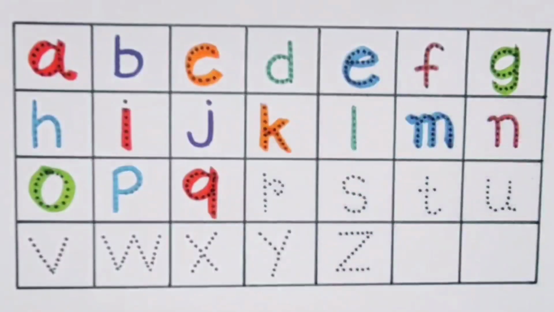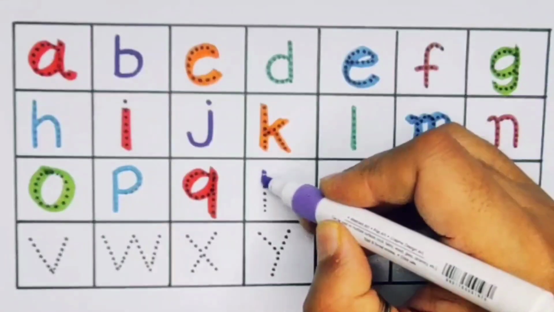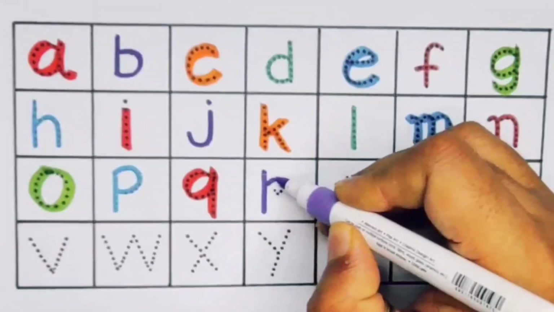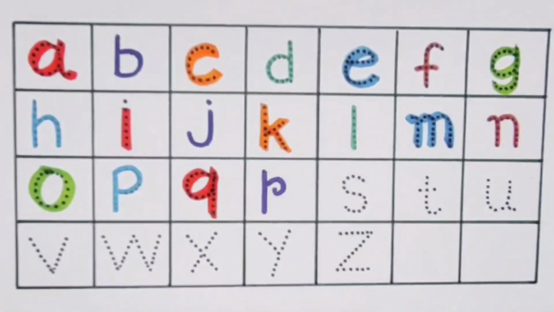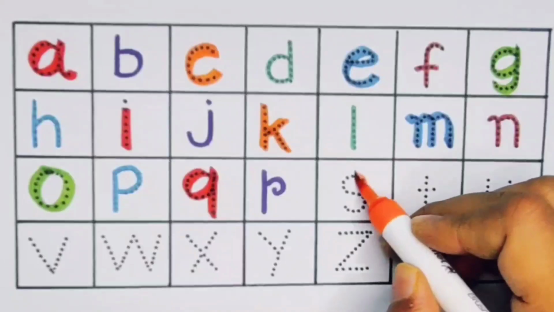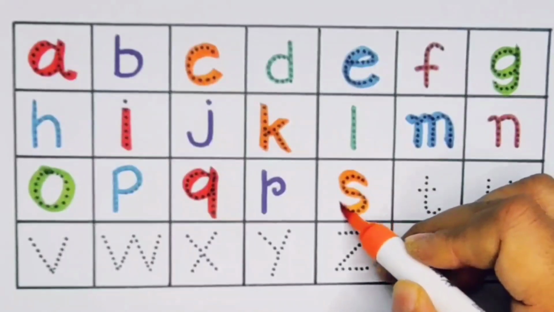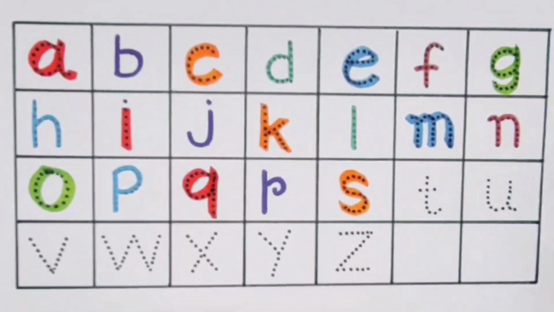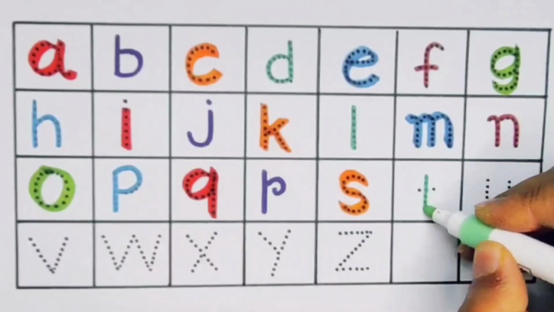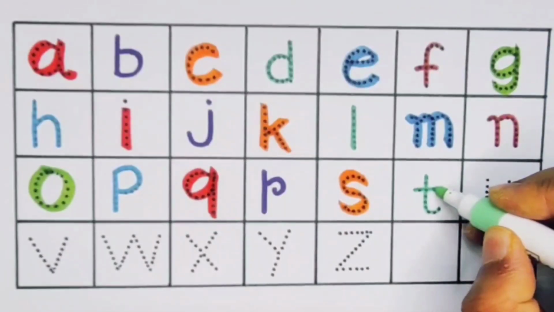Next kids, R for rat. Next kids, S for star. Next kids, T for tiger.